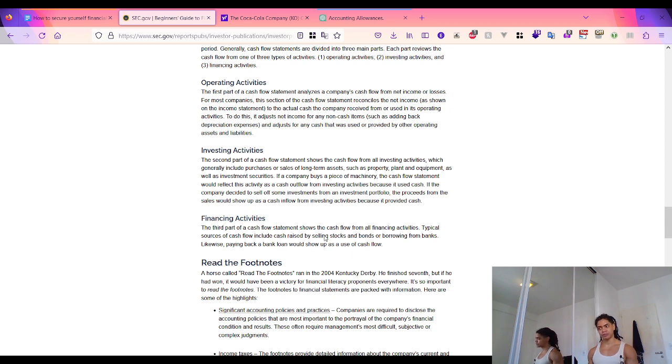Likewise, paying back a bank loan will show up as use of cash, a cash outflow.